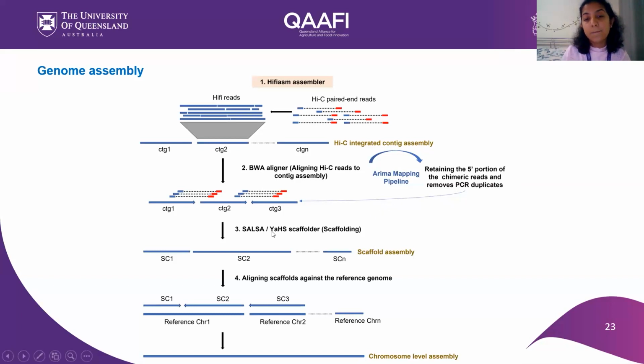Here we tried different scaffolding tools like 3D-DNA, PinHiC, in addition to SALSA, but for our genome assemblies, SALSA works better than the others. And then this scaffold assembly was aligned against our previously published australis genome to assign these scaffolds to chromosome level.